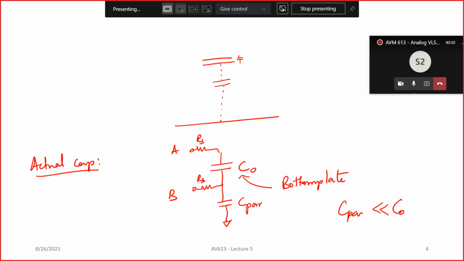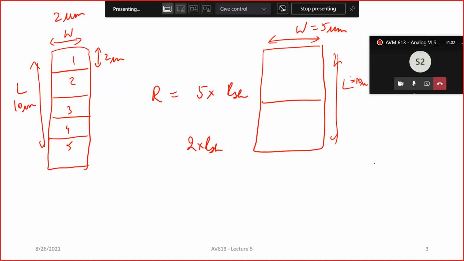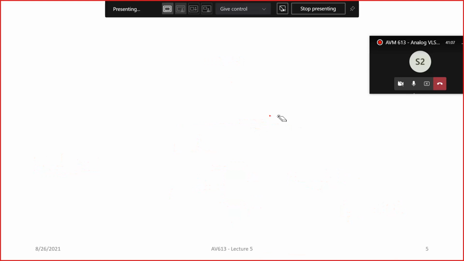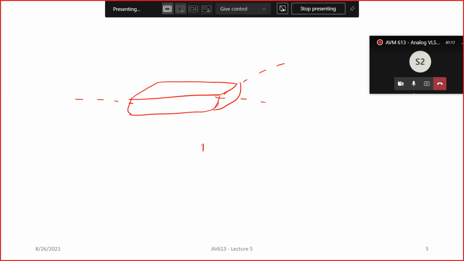Any device that you take, in addition to what you have, you also get a little bit of junk added to it, and this is the junk added for your MIM capacitor. The same way if you look at resistors, this resistor is basically sitting inside your substrate, P sub or N well.